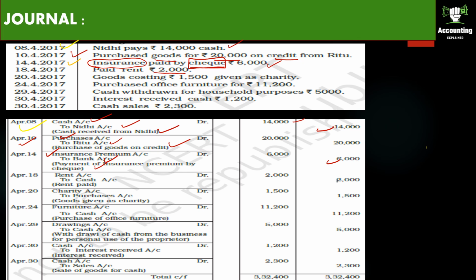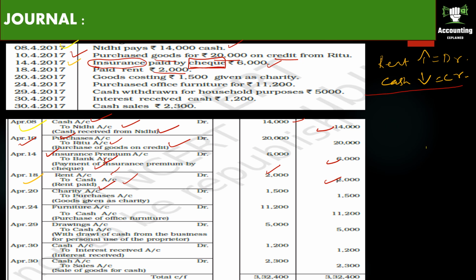Again, rent is an expense. When the expense increases, we have to debit, and cash. Cash is an asset. When the asset decreases, we have to credit. On April 18th, rent account debit 2,000 rupees to cash account 2,000, rent paid. Next entry. What is the next entry?